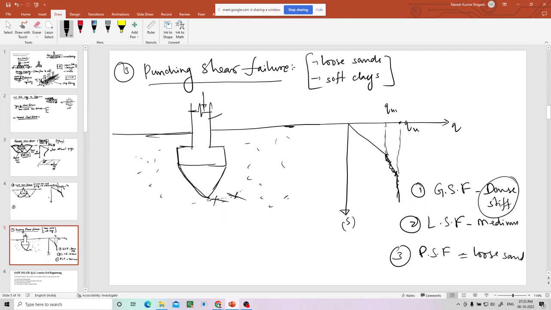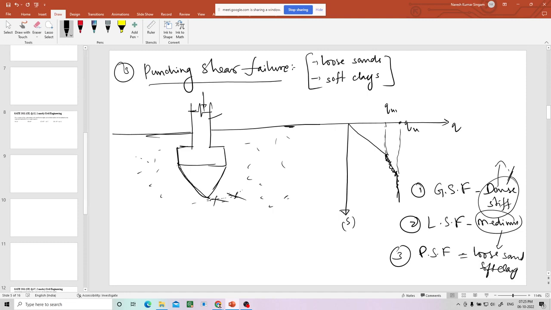In dense sand, the packing between the grains will be more. Intergranular packing will be very high in dense sand. In medium it is a little less, and in loose sand it is even less. Soft clay you can write here. So this is all about the shear failures and the different types of shear failure which exist.